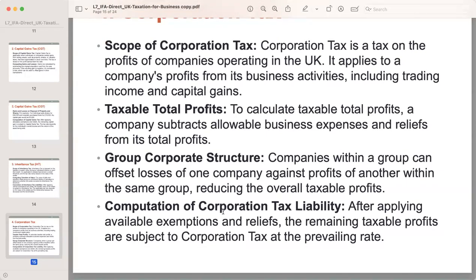Computation of corporation tax liability: after applying available exemptions and reliefs, the remaining taxable profits are subject to corporation tax at the prevailing rate. So after accounting for certain deductions, the money left is what gets taxed, and the rate of tax depends on the current rules.